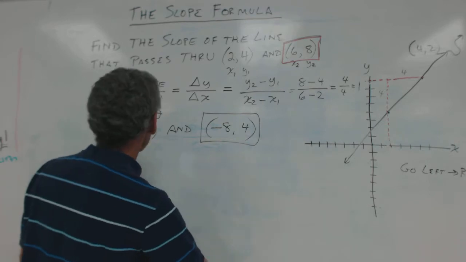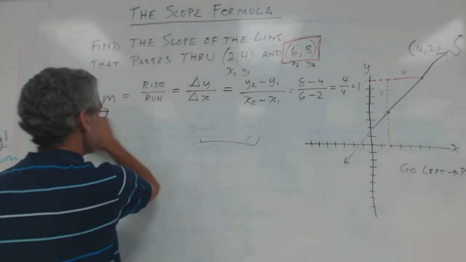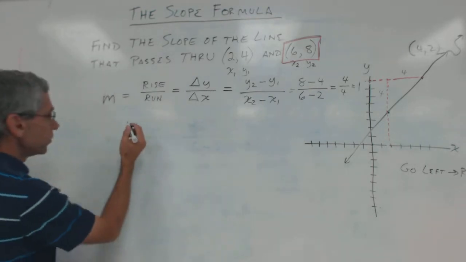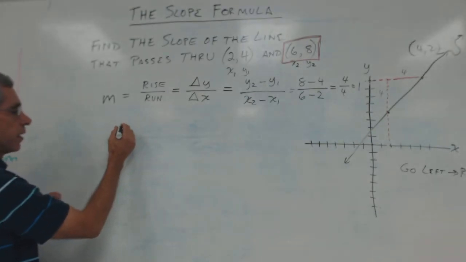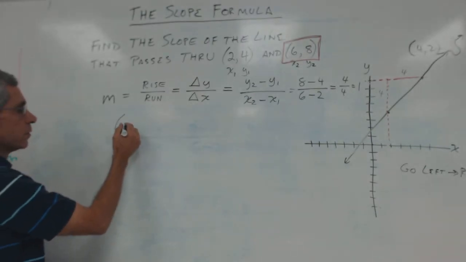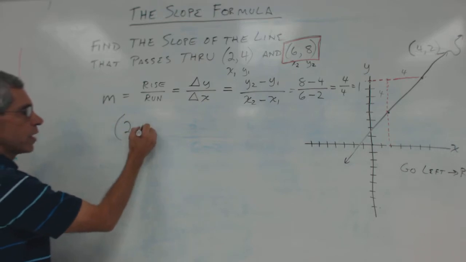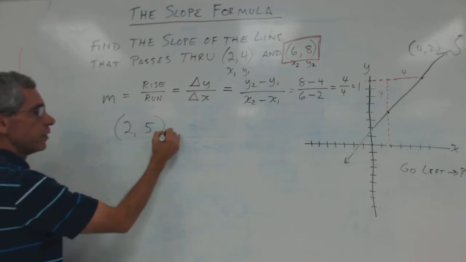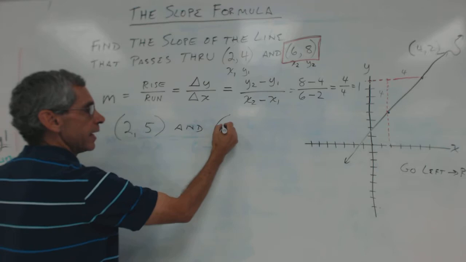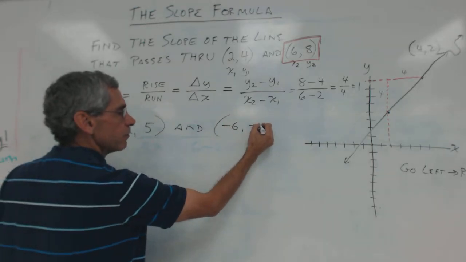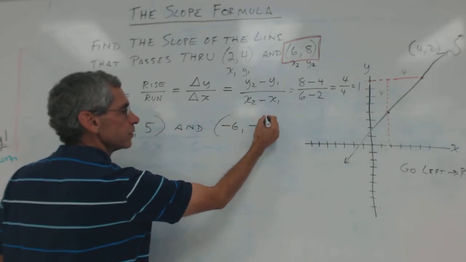Let's do one more. Let's make it harder. Let's say we have 2 comma 5 and negative 6 comma negative 6.